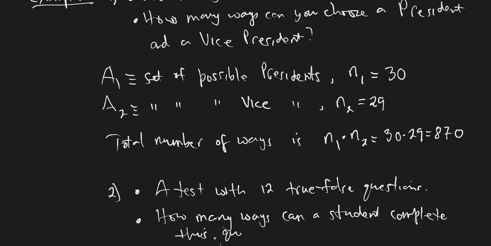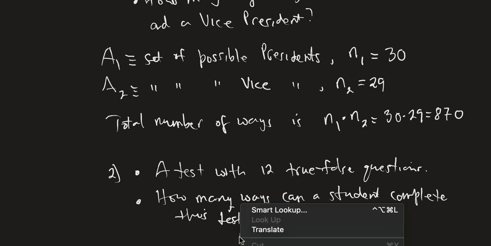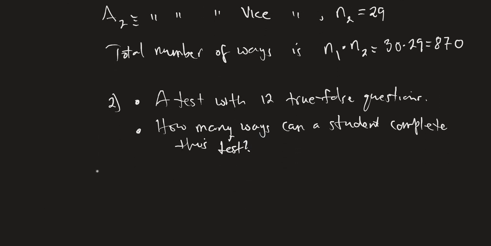If, for instance, you are an instructor and you're trying to figure out how many ways can they actually do this, how many possible exams could you end up grading, right?